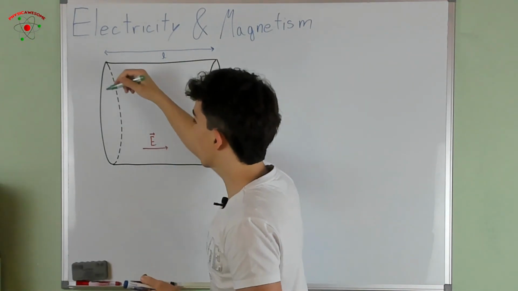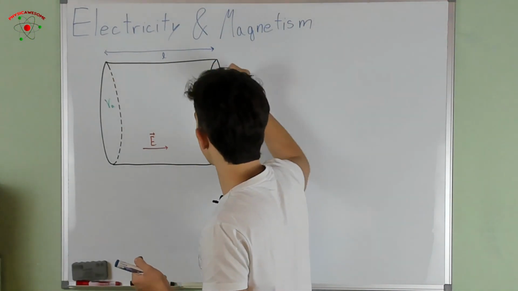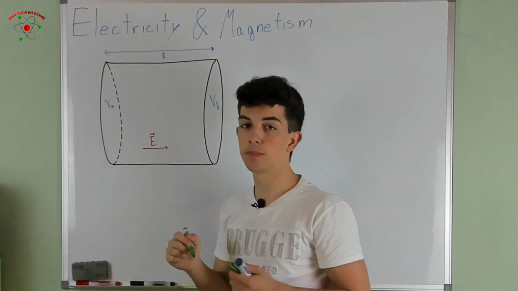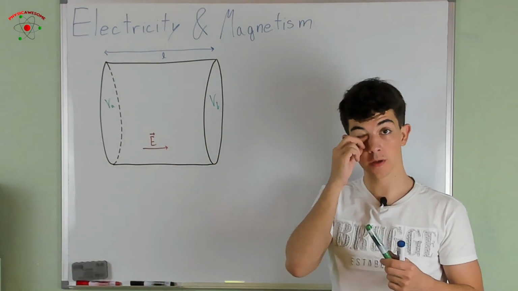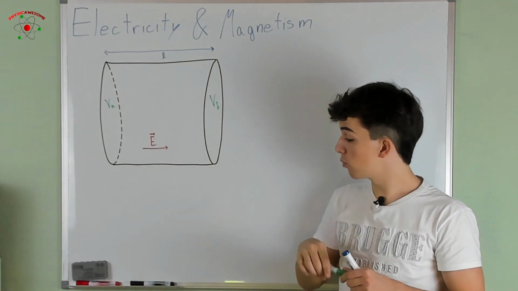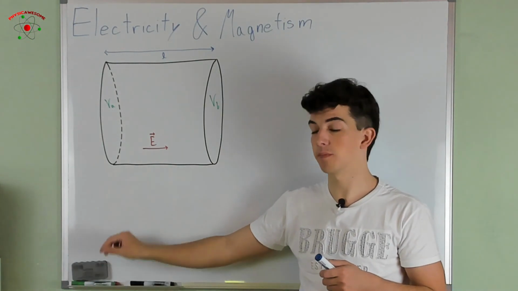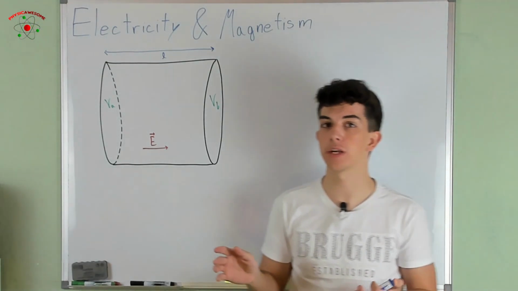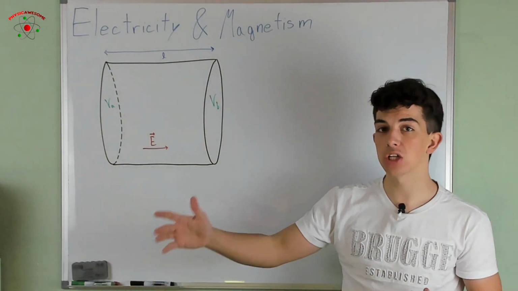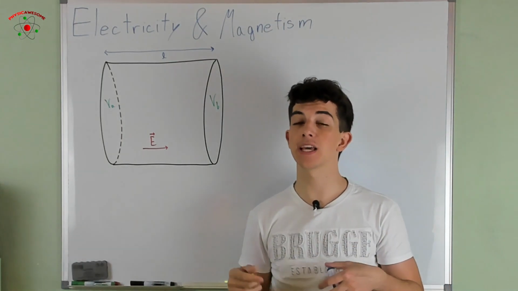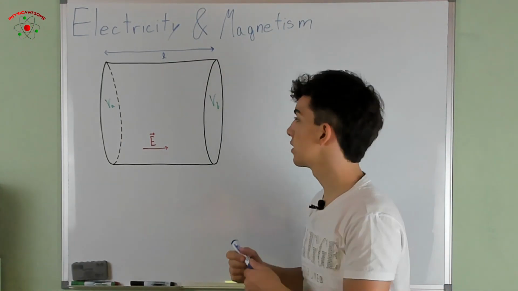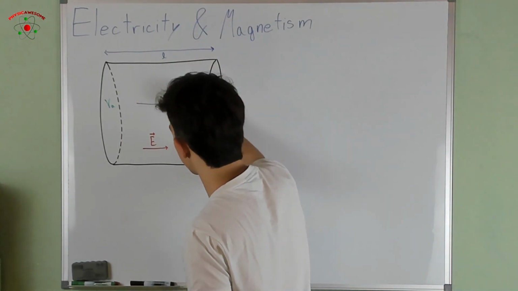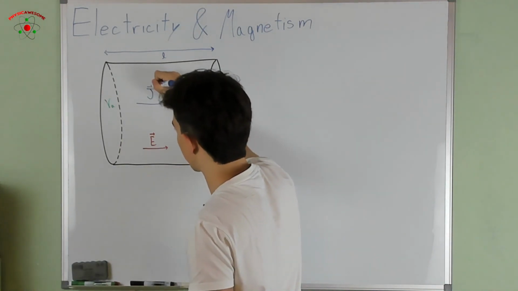So we're going to have a voltage here, VA, and VB. Then we know that if this material is not a complete insulator, we're going to have some charge movement, which is going to generate some current density.